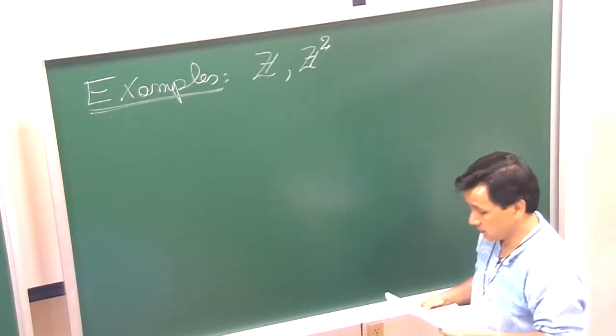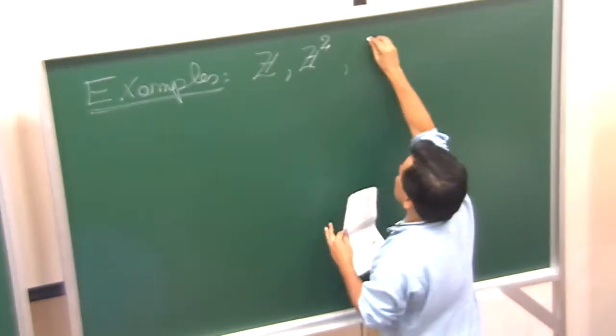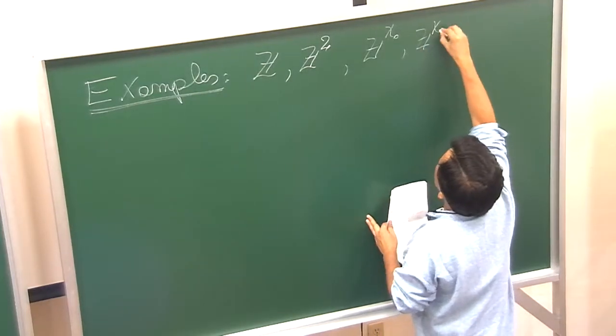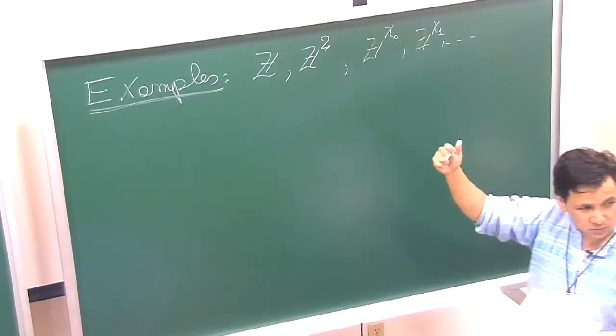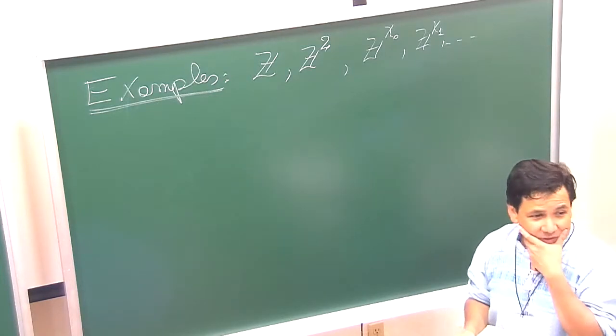This is interesting stuff. Of course, you can take Z^2, Z^3. You can take Z to any cardinality actually. Okay, and this is an interesting remark: I think you have to assume the axiom of choice to order this. But anyway, okay. Any other example?